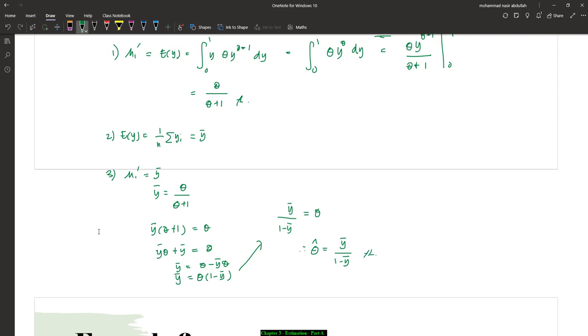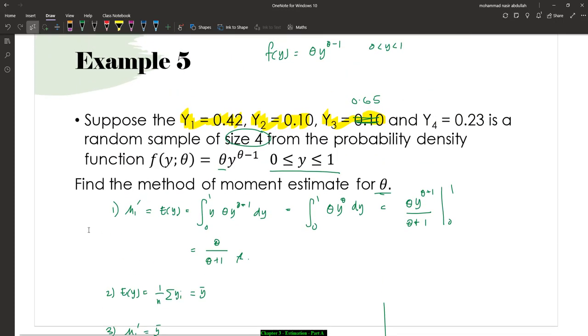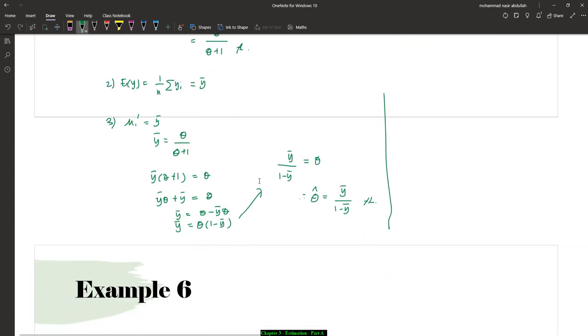Right? So since we already know the estimator for theta, then we want to find a point estimate for theta. So y1 equal to 0.42, y2 equal to 0.10, y3 equal to 0.65, and y4 equal to 0.23.